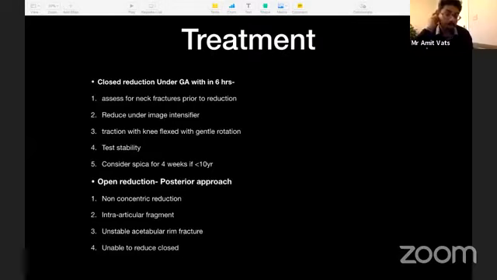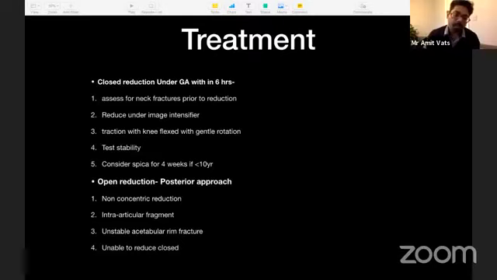For open reduction, again, the approach should be in the direction of the dislocation. Posterior is the commoner dislocation, so a posterior approach is more likely to be the approach one would have to take.